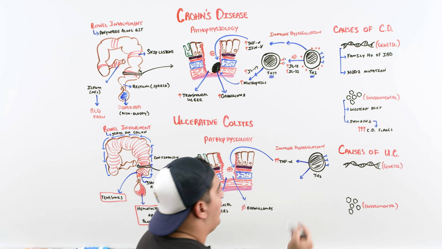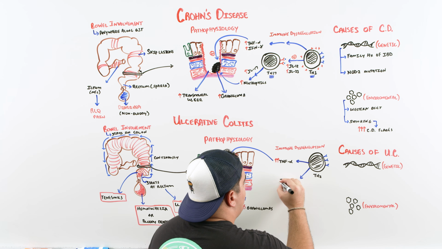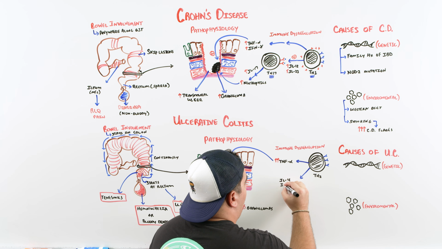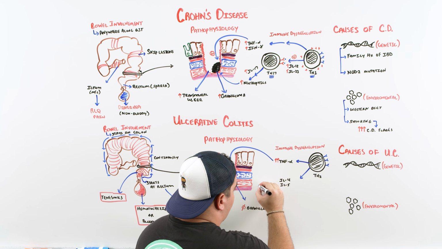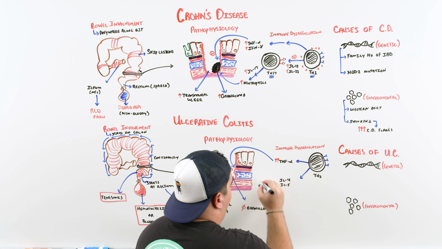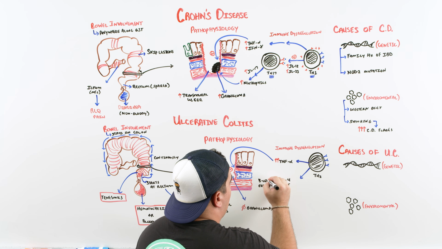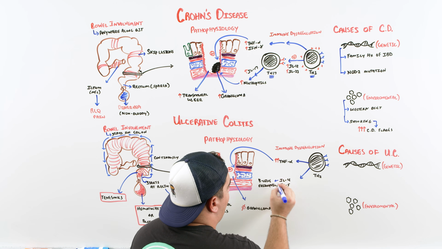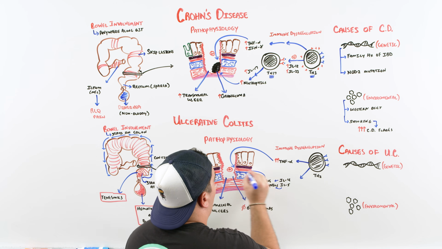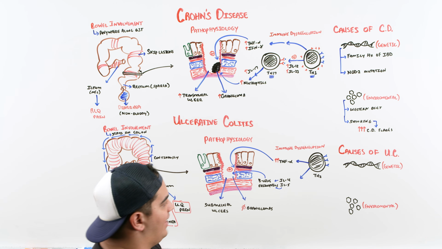There are other cytokines. I don't want you to get too bogged down with these. Things like interleukin 4, interleukin 5. These may just activate eosinophils, and they may activate B cells, which again, all these really do is propagate more inflammation in that same sense.